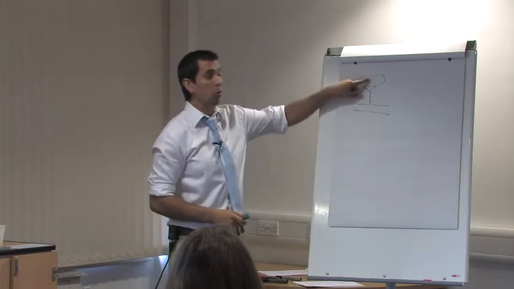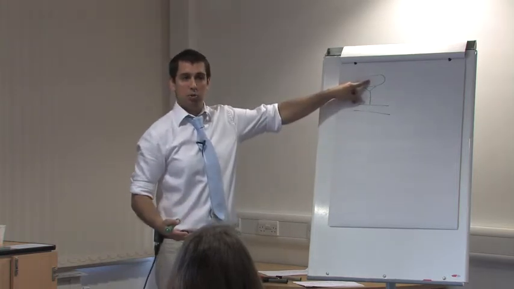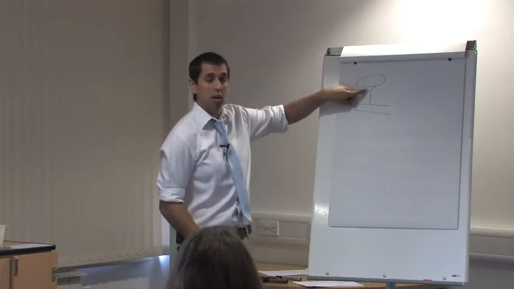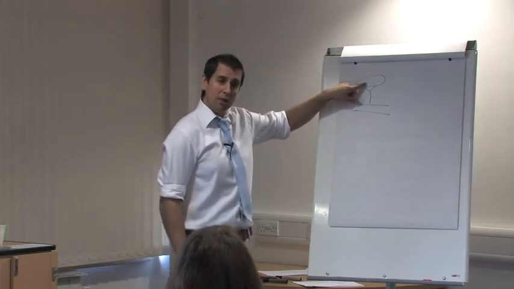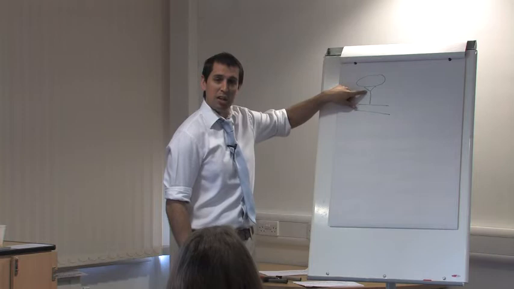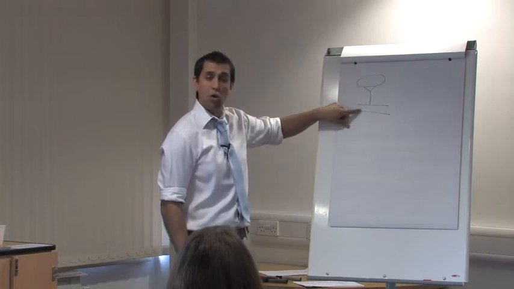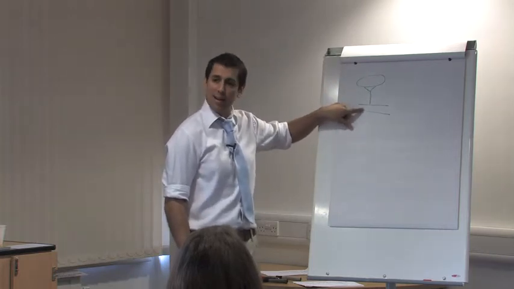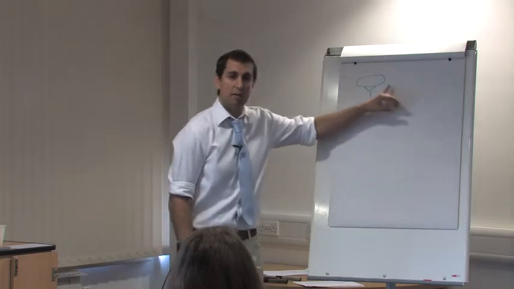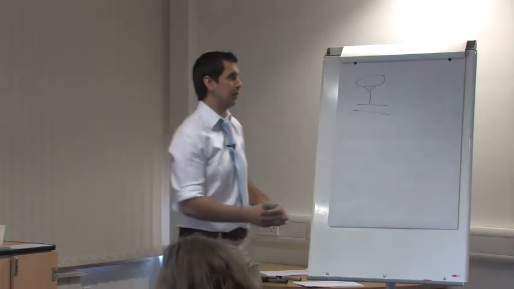So, autoimmune hepatitis happens much more commonly in ulcerative colitis. Primary biliary cirrhosis, primary sclerosing cholangitis, toxic megacolon, bowel cancer, all of those things are found much more commonly in ulcerative colitis.